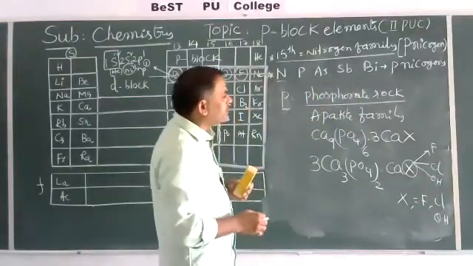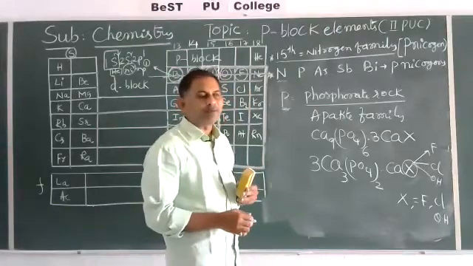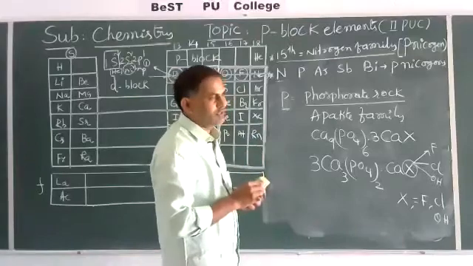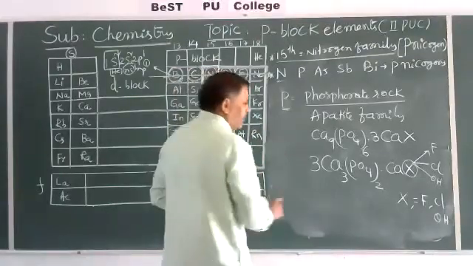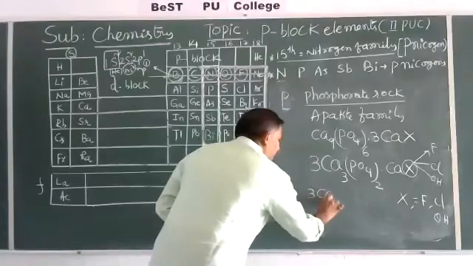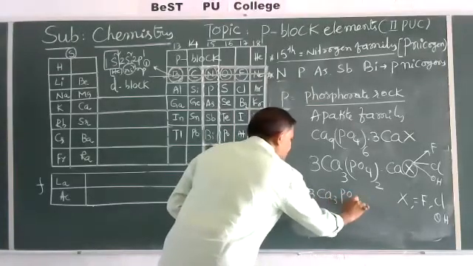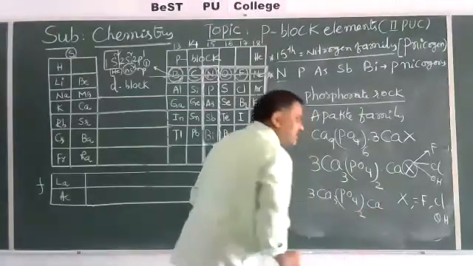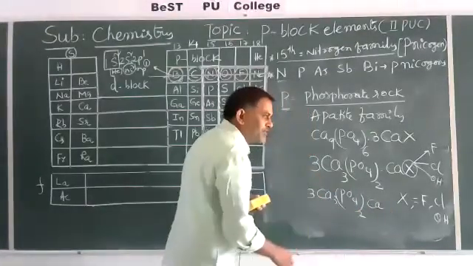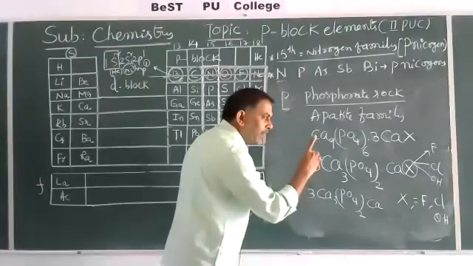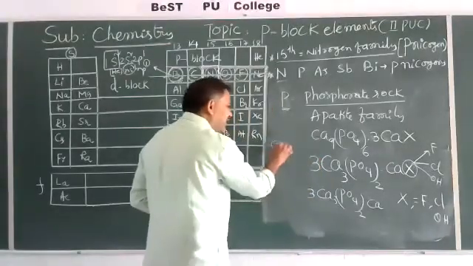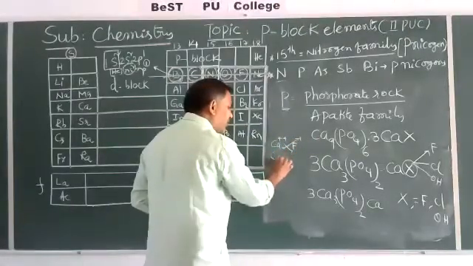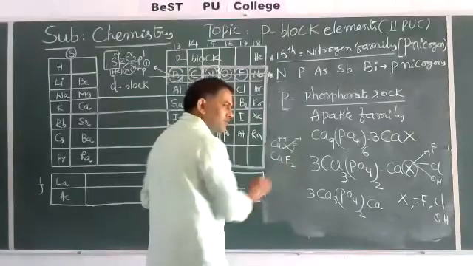So they may ask which of the following is fluoroapatite, chloroapatite, hydroxyapatite. Chemical formulas are important. For example, 3 Ca3(PO4)2 with CaX2. Here calcium valence is +2 oxidation state, fluorine is -1, so by the crisscross method the formula is CaF2.